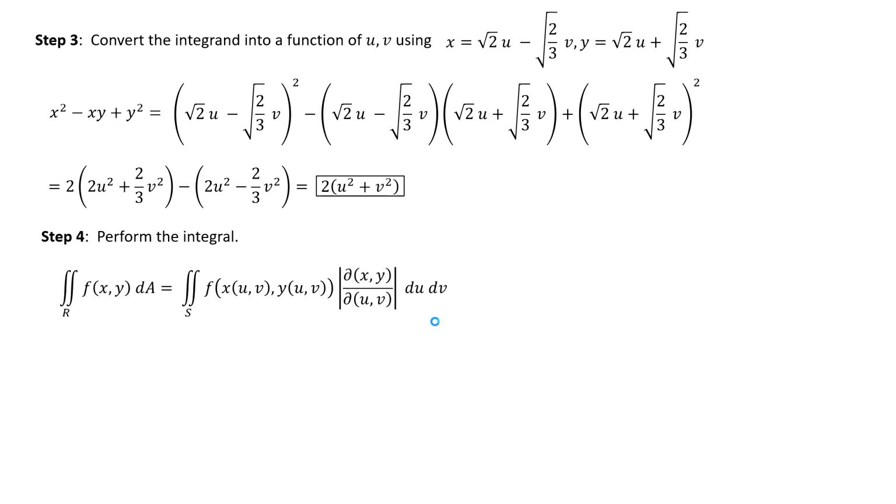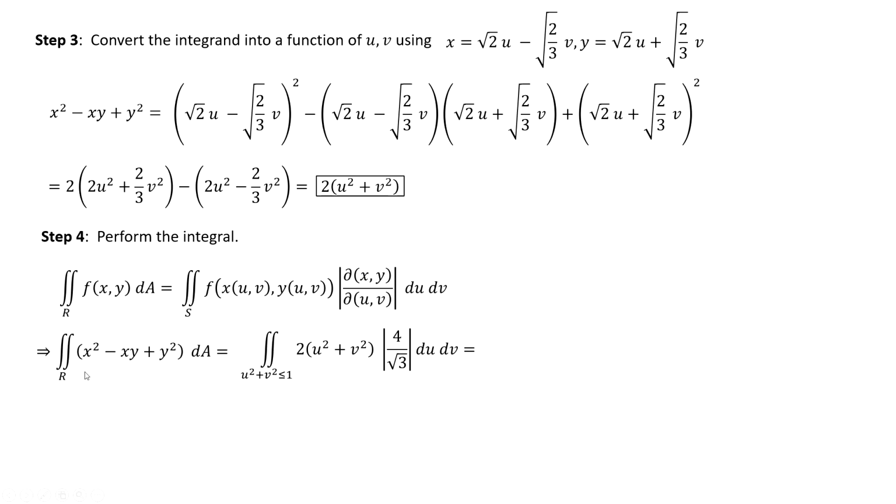Perform the integral. The original one in terms of x and y is this. F of x of uv, that part, would you agree, is 2 times u square plus v square. And the absolute value of the Jacobian is the absolute value of 4 over square root of 3, du dv.